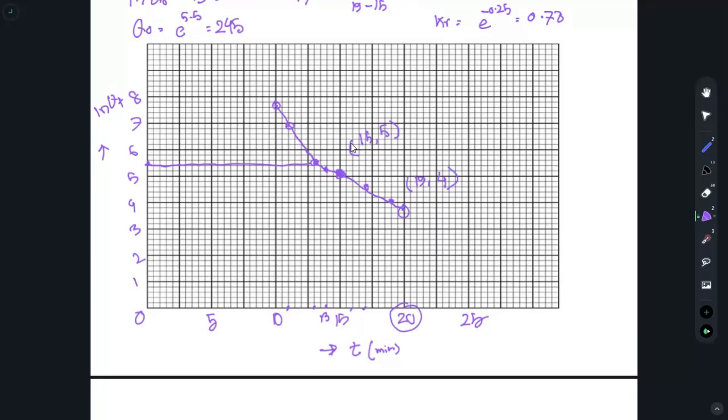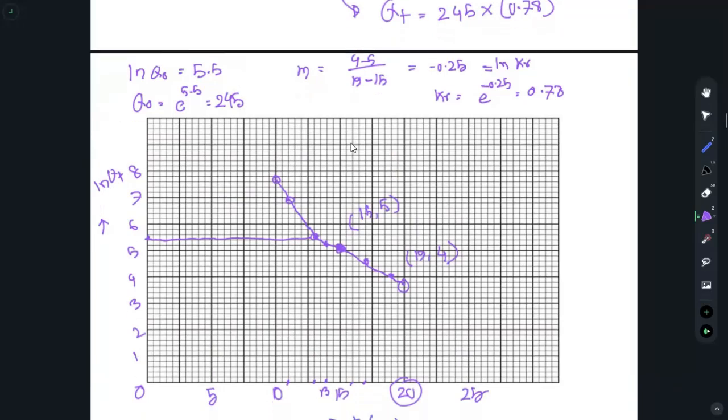You cannot put the value of t equal to 20 directly. You will put the value of t from where the slope separates. Here, this would be your 0 point, which is around 12.5. So your t will be 20 minus 12.5. For that you'll get a value of q from that equation.